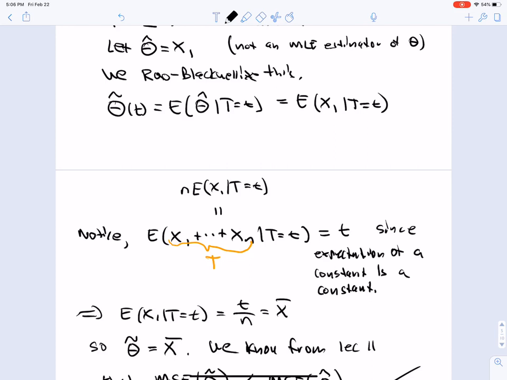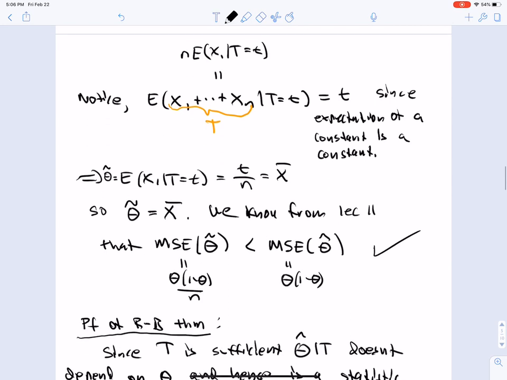And since x1 plus x2 up to xn is t, the conditional expectation of that will just be t, because we're conditioning that t is little t. So what that tells us is that theta twiddle is just t over n, which is the sample mean.